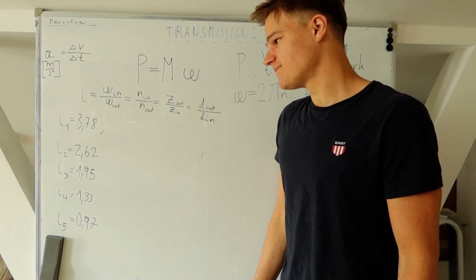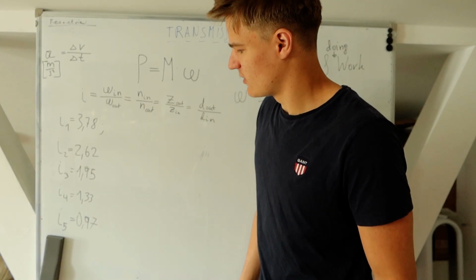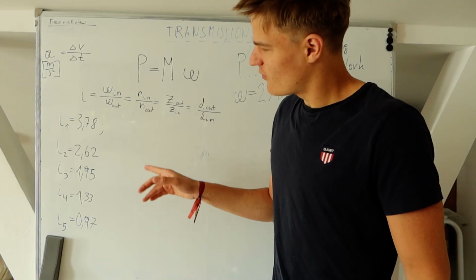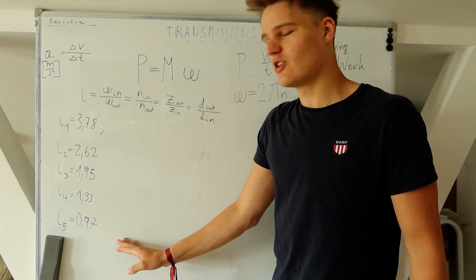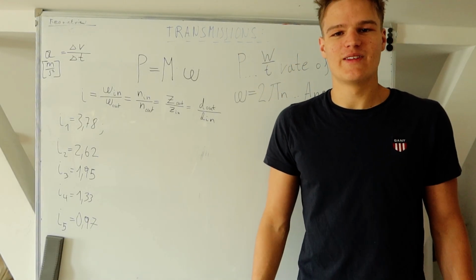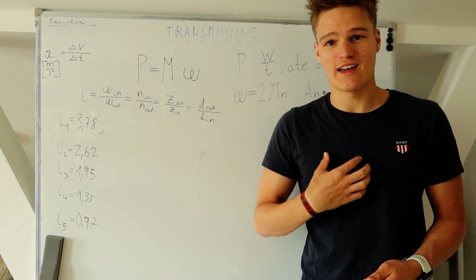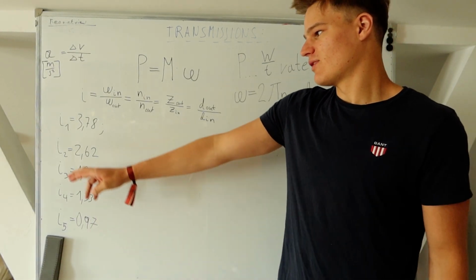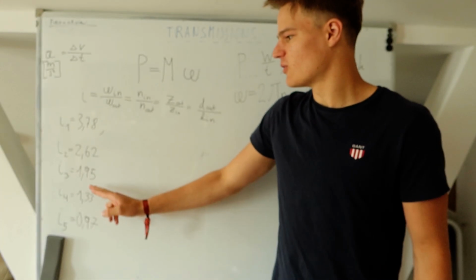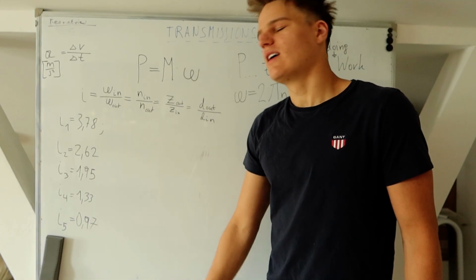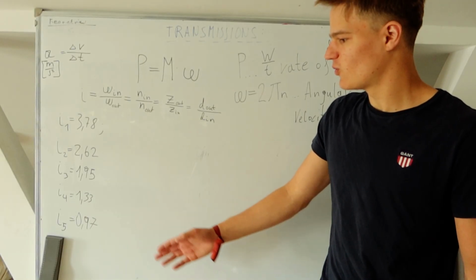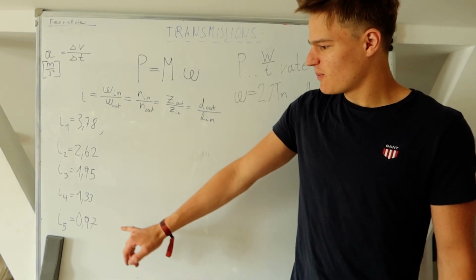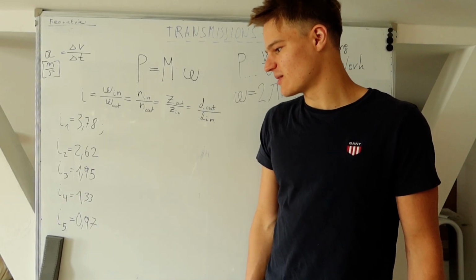Great. And now let's have a look at what this is, okay? This is actually, from what I remember, some of the gear ratios on the transmission that I had to calculate and draw in school, right? So you have 3.78 and then 2.62, 1.95, 1.33, and 0.97. So what does this actually mean? Well, let's just take, for example, fifth gear, right?